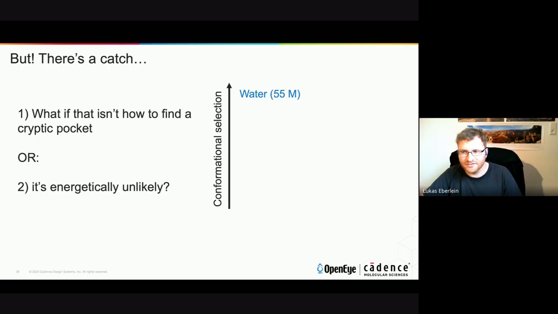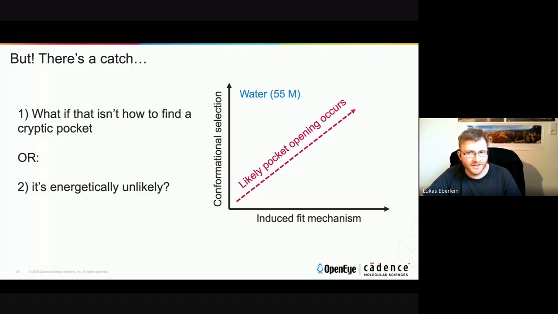There is another axis, which is the induced fit mechanism axis, which requires a chemical probe to be there in order for the energetics to be more likely. And it is possible that the cryptic pocket opening happens somehow as a linear combination between these two.